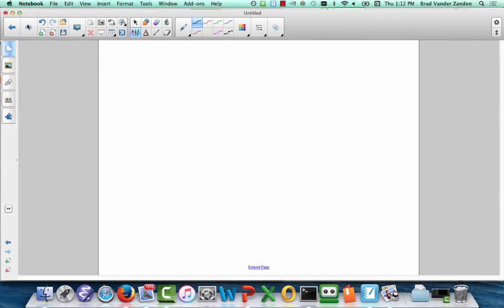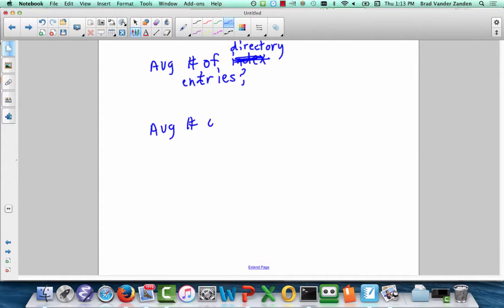So the questions for extendable hashing are the average number of index entries, or directory entries, and the average number of leaves.